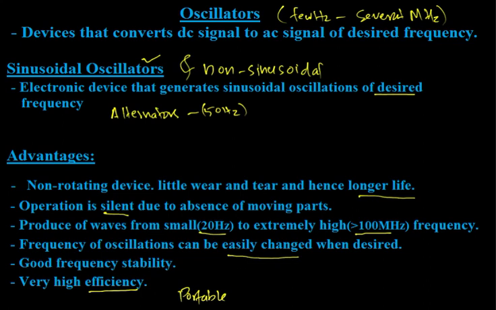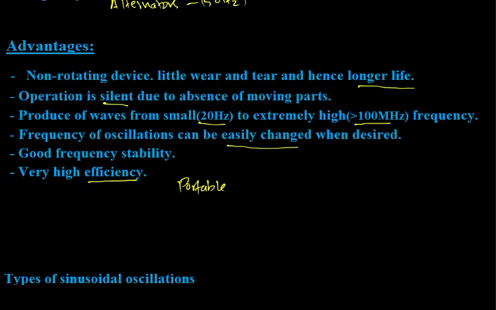Now let's consider some of the types of sinusoidal oscillators. I told you in these lectures we will consider only the sinusoidal oscillators. These sinusoidal oscillators we can broadly classify into two categories, since the oscillations may be damped or undamped.